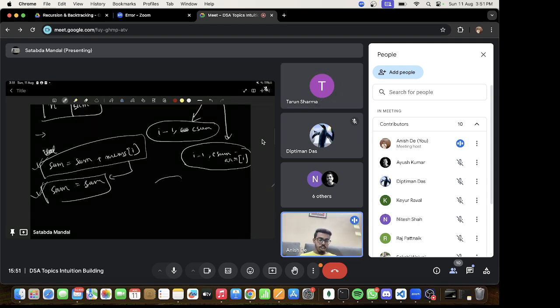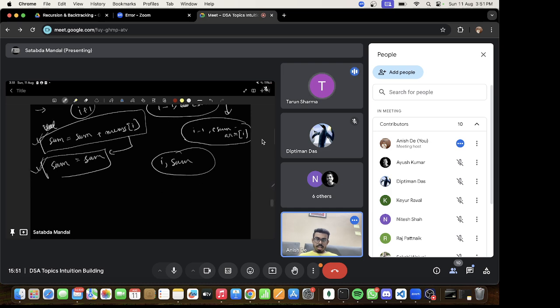So simple recursion tree है, I, sum, and every time when you are sending it to the recursion you are incrementing I by 1, right? So I and sum will depend on I minus 1, sum minus nums I, and it will depend on the second state I minus 1, sum.